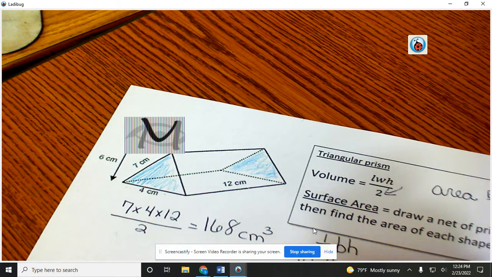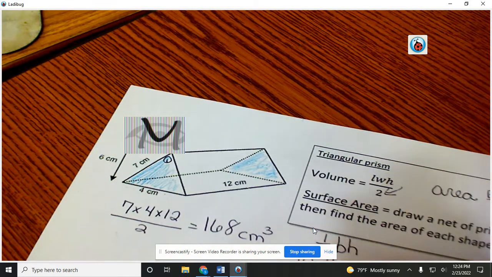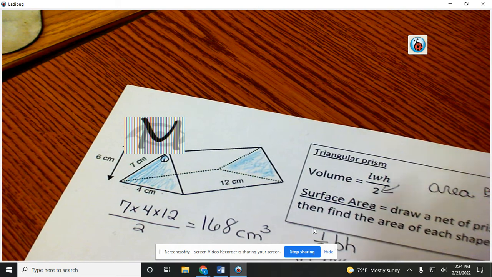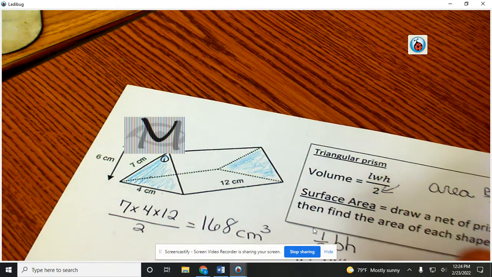The area of this, we'll call this number 1, is going to be 12. So 24 divided by 2 is 12. Now we know that there are 2 ends or bases to it, so I'm going to multiply that by 2 to give me 24 centimeters for this one.